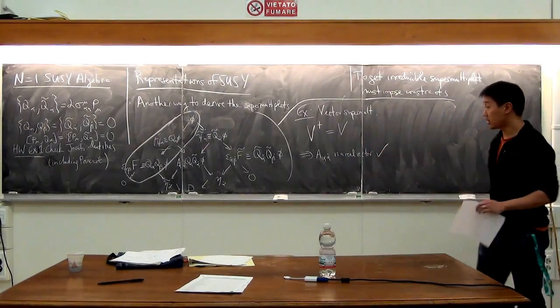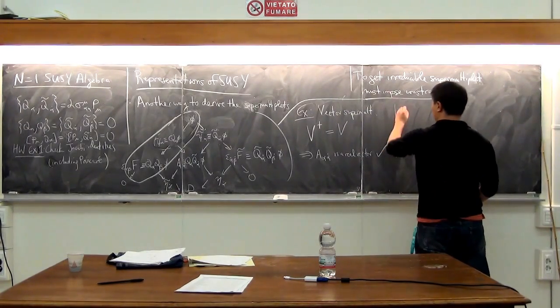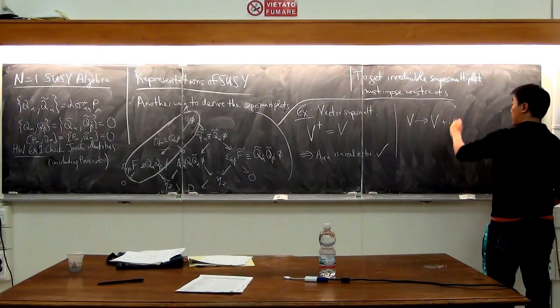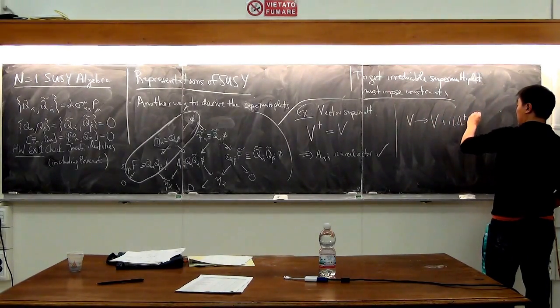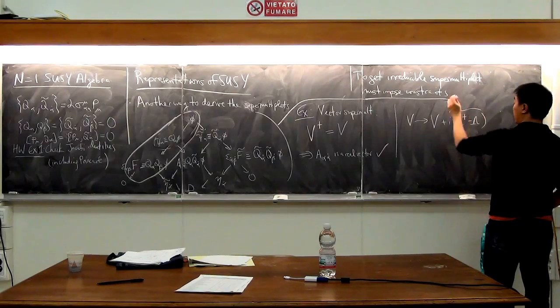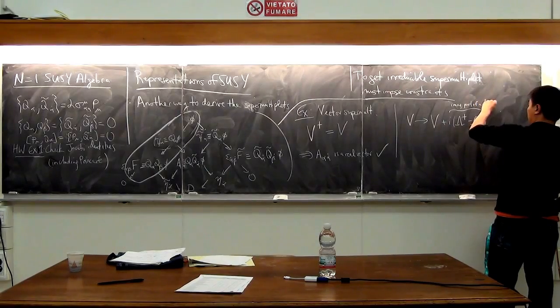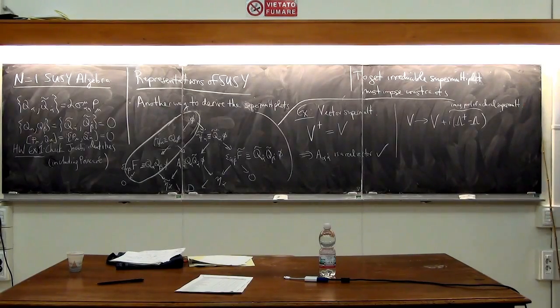So a gauge transformation actually looks very simple in this picture. If I shift V by the real part, or the imaginary part, it doesn't matter, the imaginary part of a chiral supermultiplet, that preserves the fact that V is a vector supermultiplet.